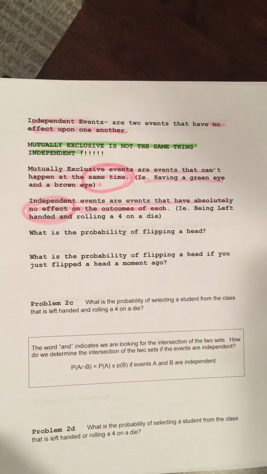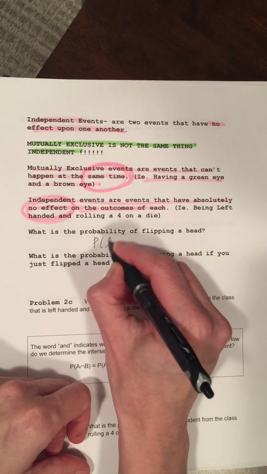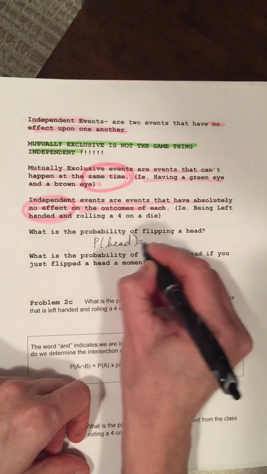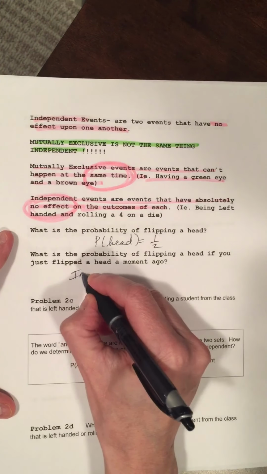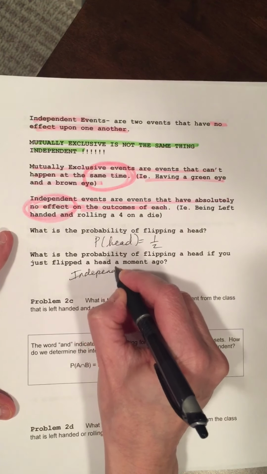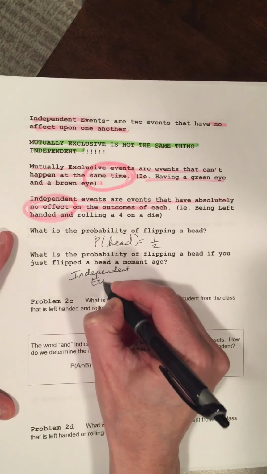What is the probability of flipping a head? So you have a coin, and you know that it's a 50% chance of flipping a head. Okay. What is the probability of flipping a head if you just flipped a head? These are what we call independent events.